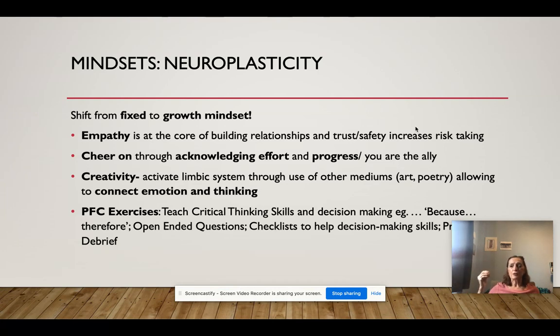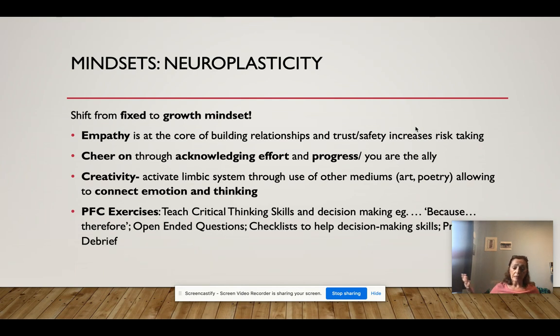There's prefrontal cortex exercises that we do, and you do them without even thinking. You're teaching critical thinking skills and decision making all the time. You ask kids to explain their thinking.